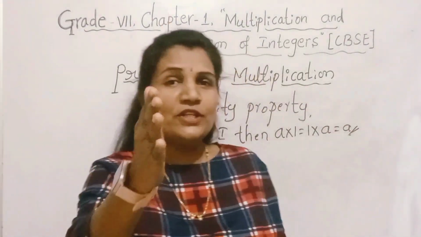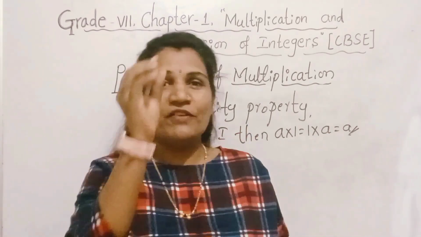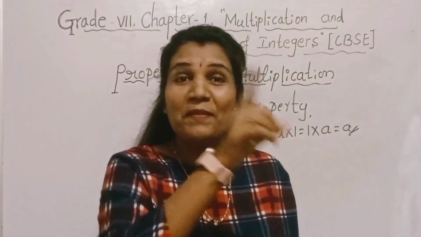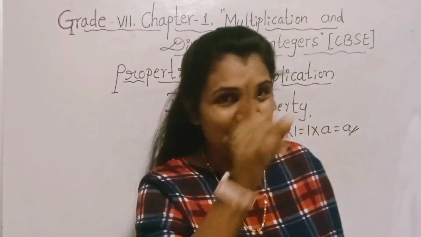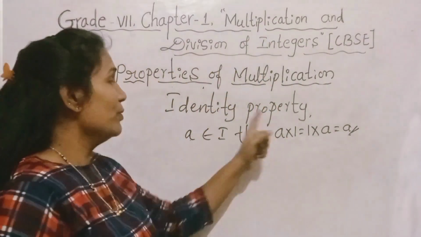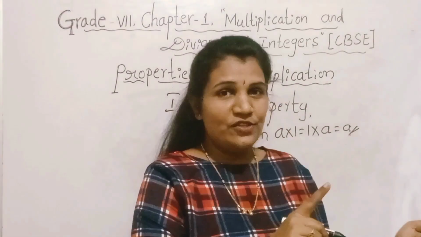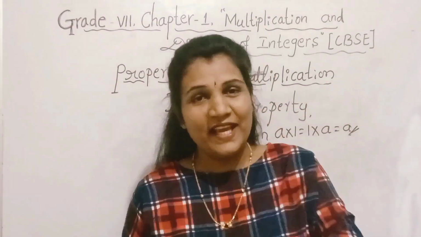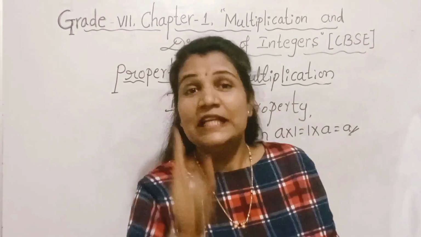Keep it in your mind that the properties of multiplication of integers are the same as the properties of multiplication of whole numbers. Identity property says if A is any integer, then A into 1 is equal to 1 into A is equal to always A. It means always the given integer.